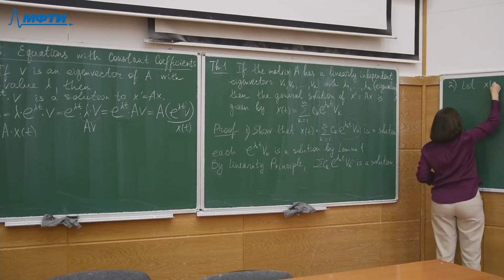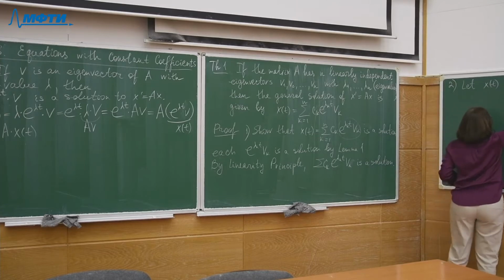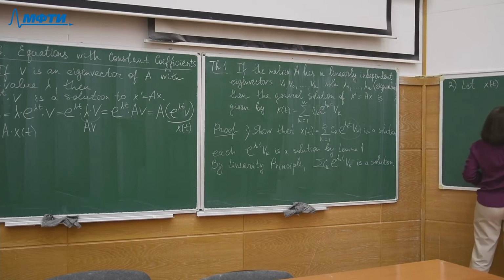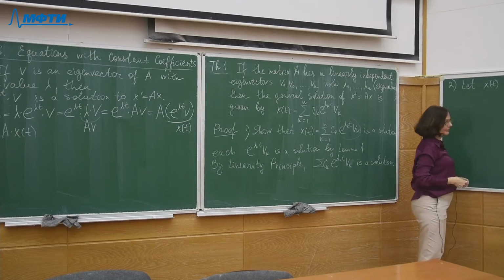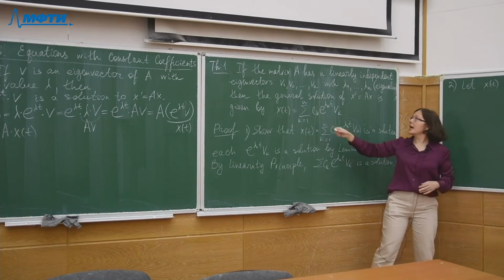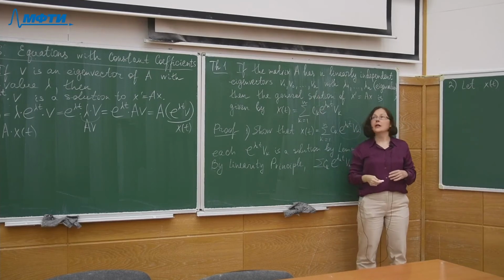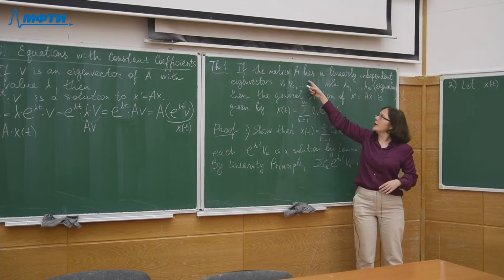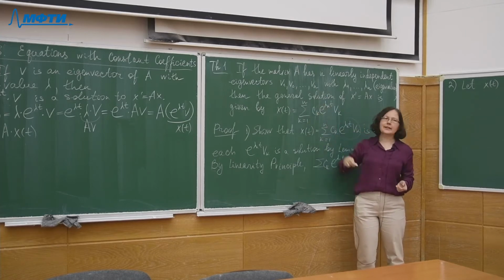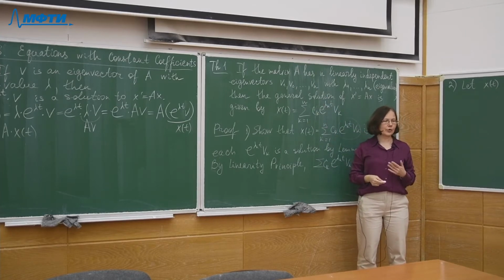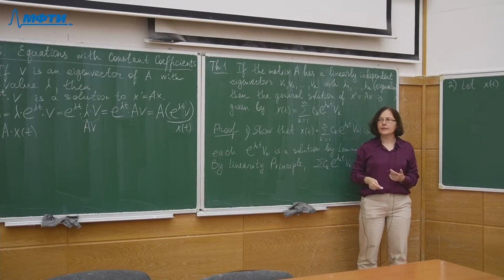Let x of t be any solution of x prime equals Ax. We are given that the matrix A is an n by n matrix, and so n linearly independent eigenvectors form a basis in R^n, right?